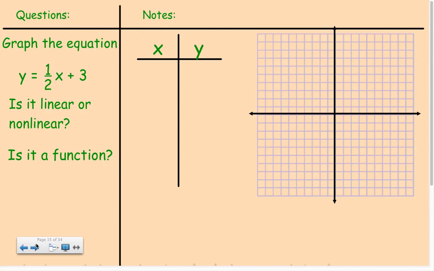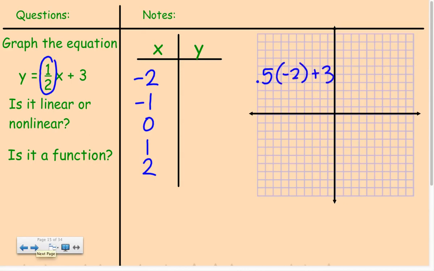And the last one, 1/2 x plus 3. -2, -1, 0, 1, and 2. If you don't know how to put a 1/2 in your calculator or a fraction, you can always think of it as 0.5. So 0.5 times -2 plus 3.